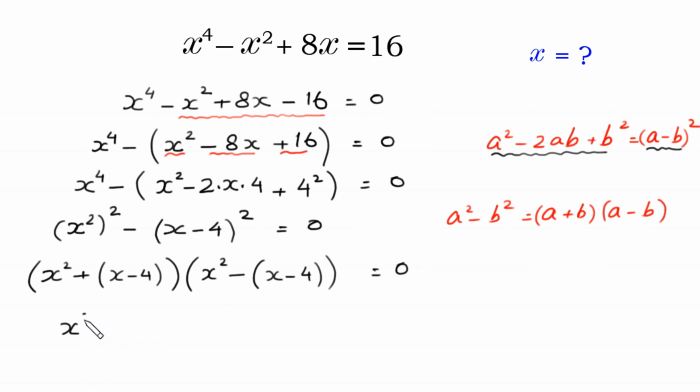X squared plus x minus 4 times x squared. Due to this minus, this positive x becomes negative x, this negative 4 becomes positive 4 is equal to 0.